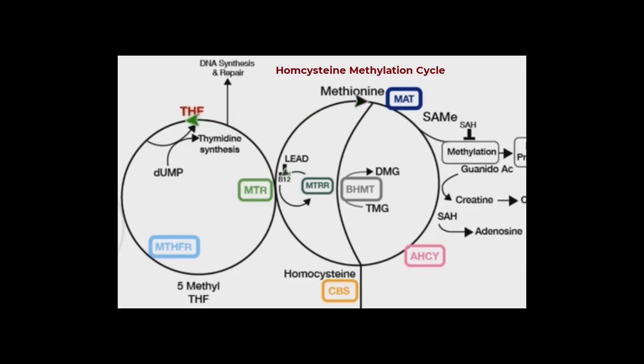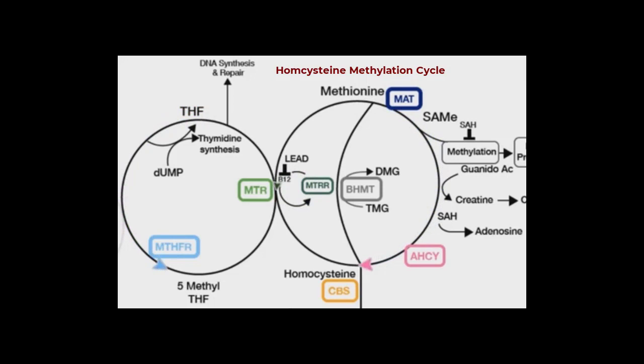You can bring it back around to the top of the methionine cycle, but as we see here, the homocysteine also goes down through CBS. It's going down into a pathway known as the transsulfation pathway. This is how we make cysteine. This is how we make glutathione through this transsulfation pathway.